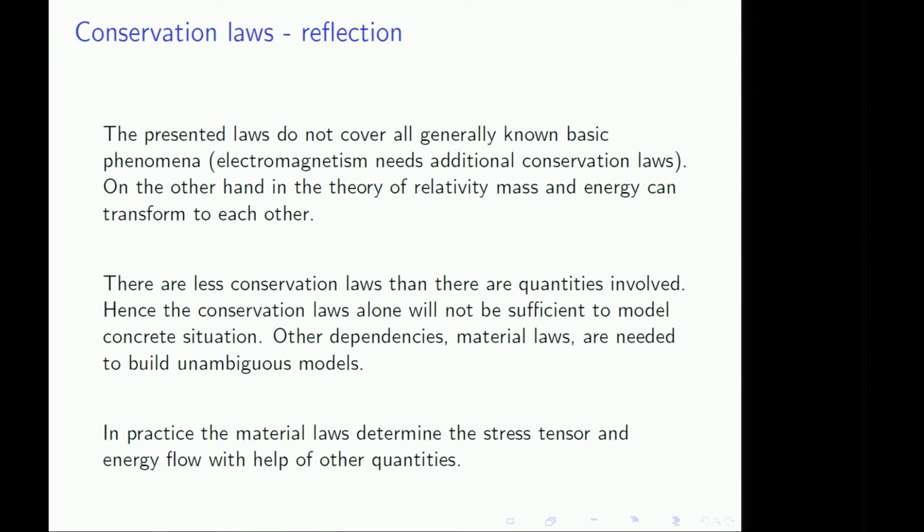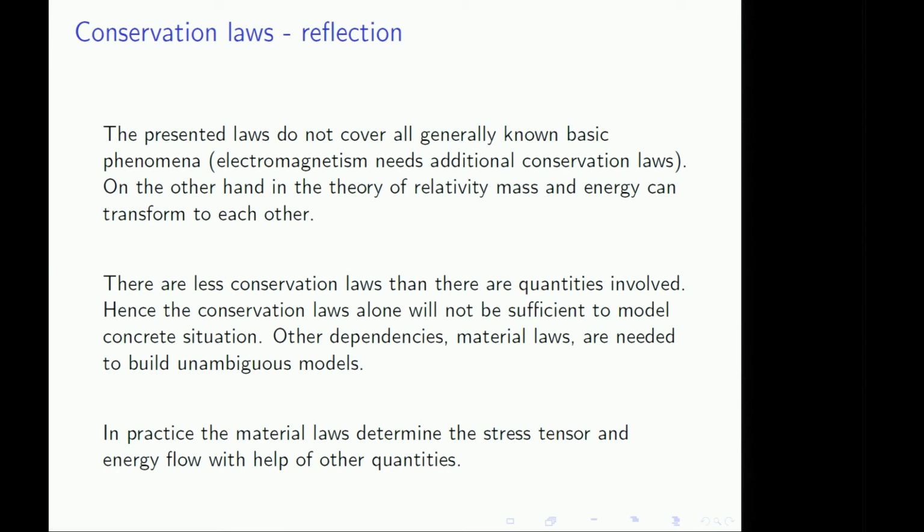For example, we didn't discuss anything about electromagnetism, which would bring a couple more conservation laws into play, and a lot of discussion on how the electric energy will be moved to mechanical motions and so on, or to heating and so on.